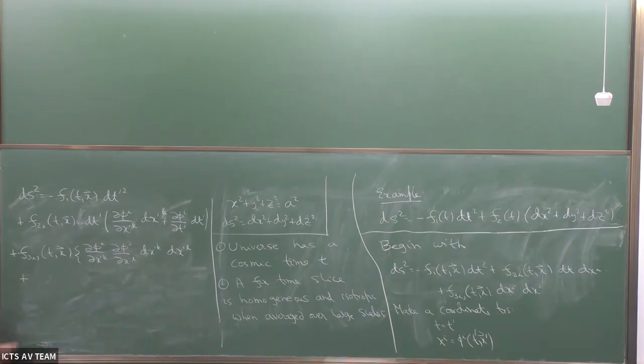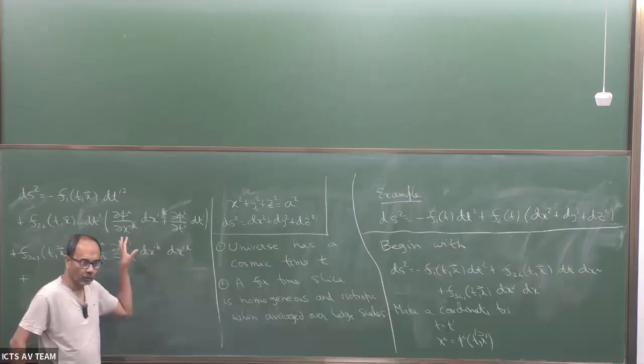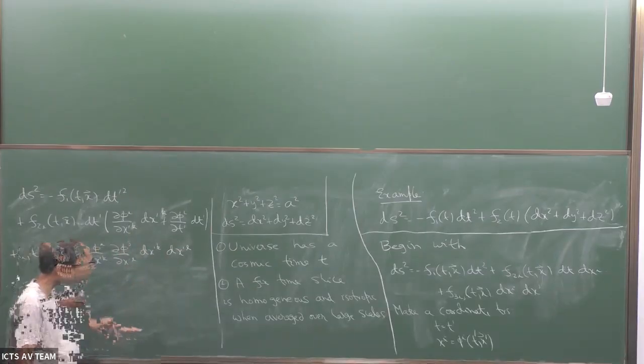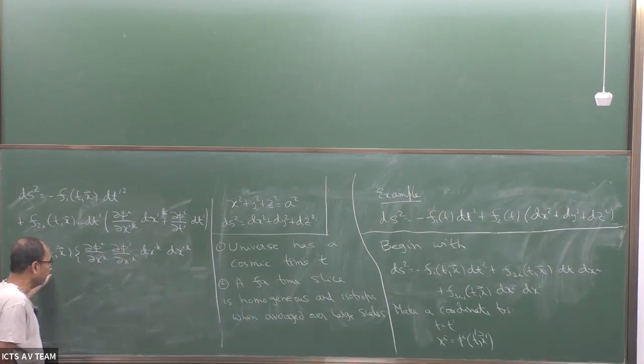Then we have the cross terms. When you square this, you have the two cross terms. But those two cross terms give identical contribution because F3 is symmetric under i and j. So I'll just multiply it by 2.